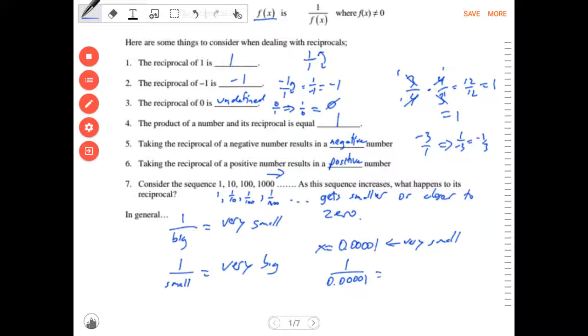Hey, wait a second. That's like 100,000. Holy moly, that is very big. So, in general, 1 divided by big is very small. 1 divided by small is very big. Awesome. Moving on.